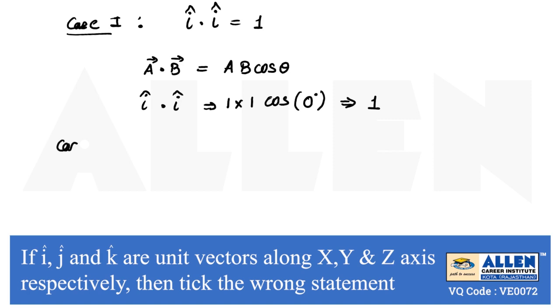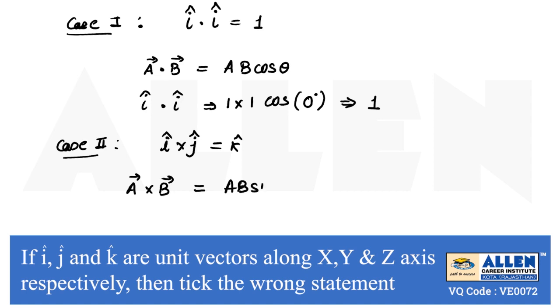Moving on to the second statement, or we can say second case, it is given i cross j is equal to k. In this case we have been given a cross product. So first we will see that the cross product of two vectors, A vector and B vector, will be equal to AB sin theta, but in this case we also get a direction represented by n cap.